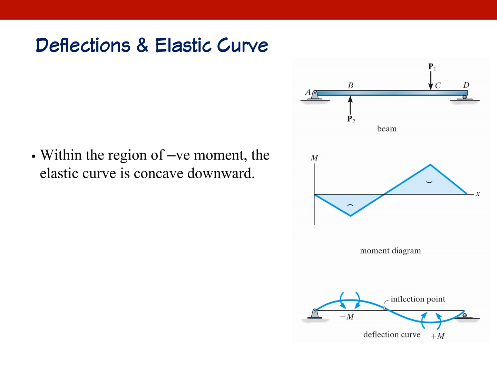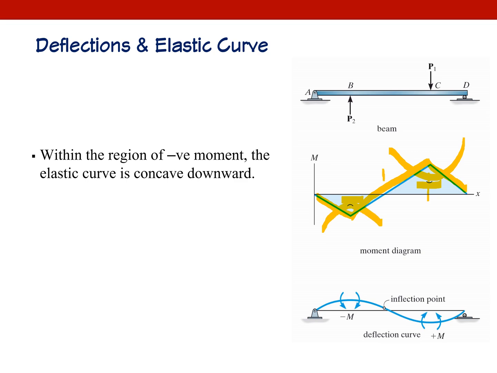We learned that when you have a bending moment diagram, like this, this part is positive and this is negative. If it's positive, it is concave bending, and if it's negative, convex bending.